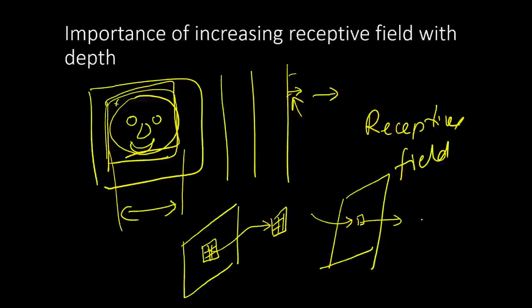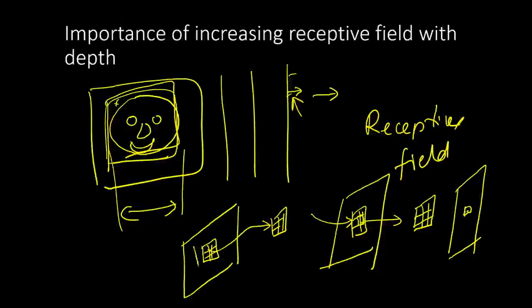Now on top of that, if I have another 3 by 3 kernel, and then I get another output feature map, and I look at one particular output, its footprint here is a 3 by 3, but its footprint here is going to be a 5 by 5. So the receptive field of this neuron is 5 by 5, whereas the receptive field of this neuron is going to be a 3 by 3.